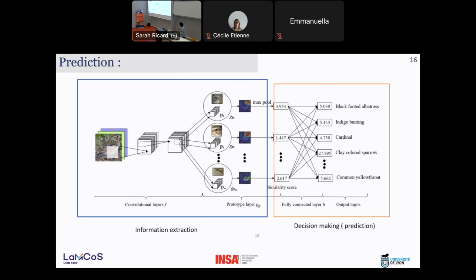So the inputs of our linear regressor are the similarity scores of the prototypes, and then we have our final decision making. This outputs the coefficient of friction. So the first two parts, the CNN backbone and the prototype layer, act as an information extraction step. Then the final decision is made in the linear regressor part.